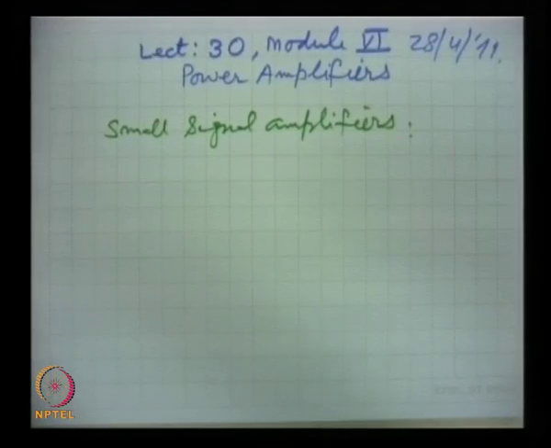So, in all electronic systems the initial stages are the small signal amplifiers which are used for data processing and signal processing, and the properties which we discussed in the small signal amplifiers, they are used for the best purpose.